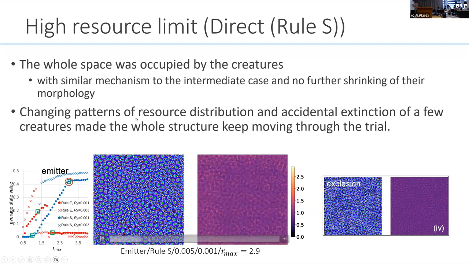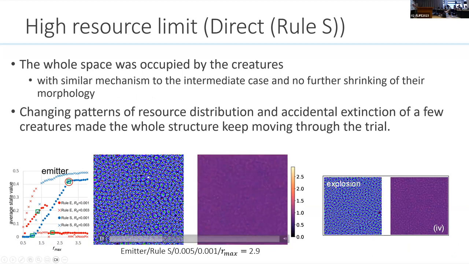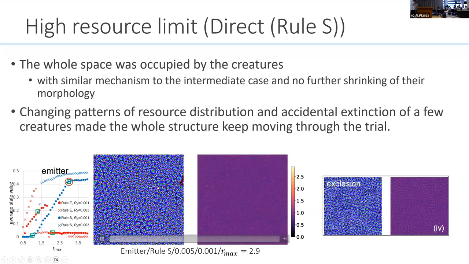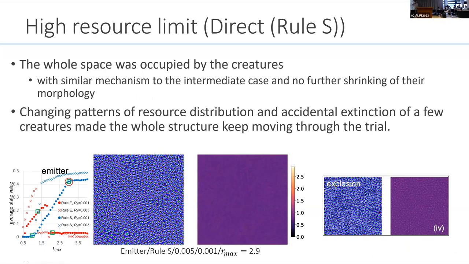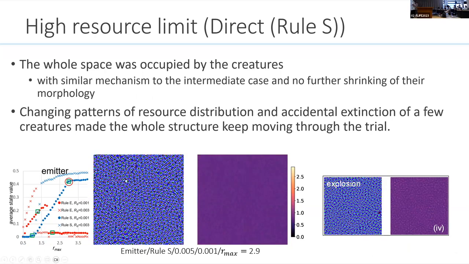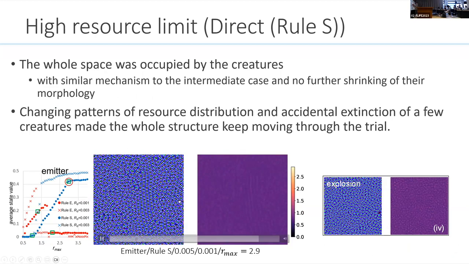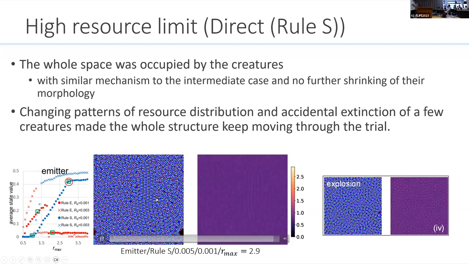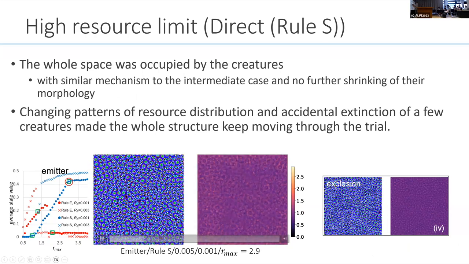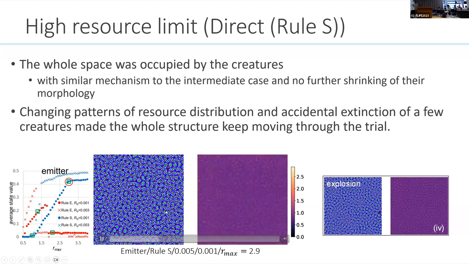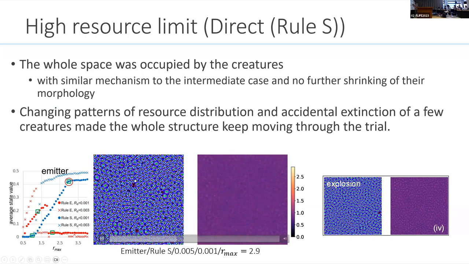This is basically a similar mechanism to the intermediate case. So the higher amount of resource directly corresponds to the higher amount of creature state values, and no faster shrinking of their morphology. But as you see, changing patterns of resource distribution and accidental extinction of a few creatures made the whole structure keep moving through the trial.